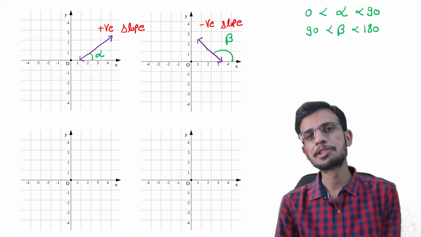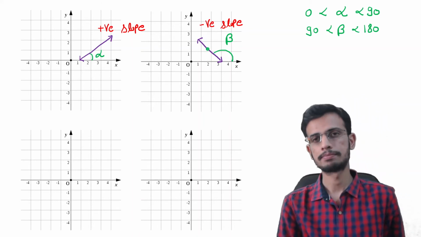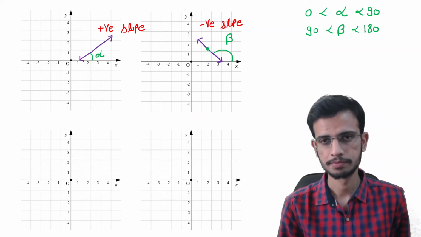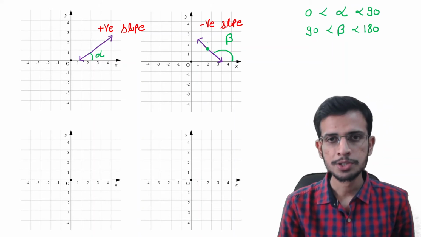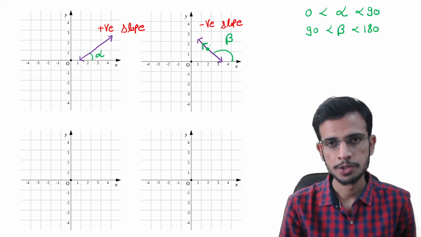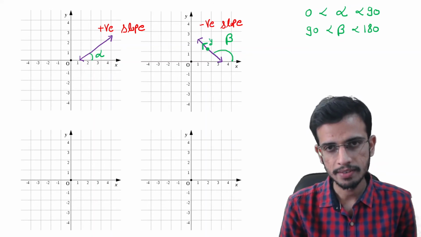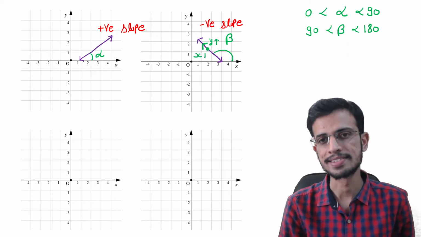A line having negative slope, what is the property? If you move from one point to another point in this direction, the y coordinate is increasing, and the x coordinate will decrease.